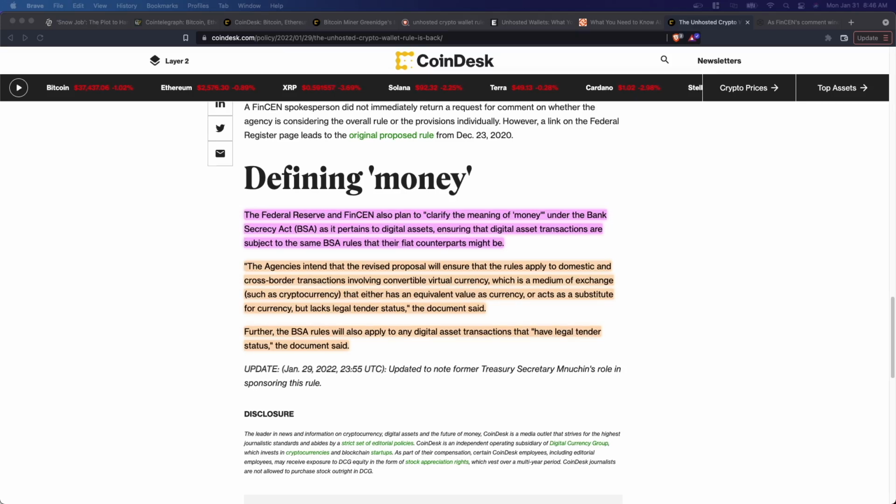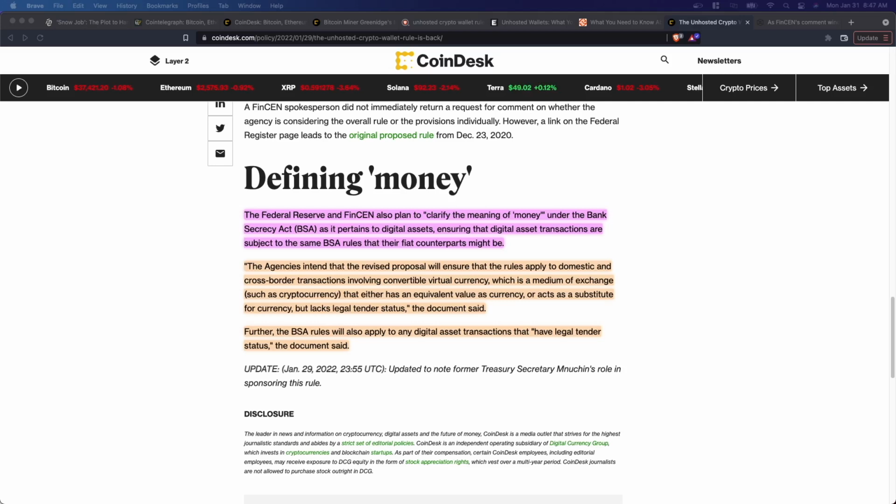As we can see here, it's another one of these examples of the government furthering along this torrent of regulation, trying to pretty much put all of these crypto and digital assets under its control, and essentially trying to have its cake and eat it too.